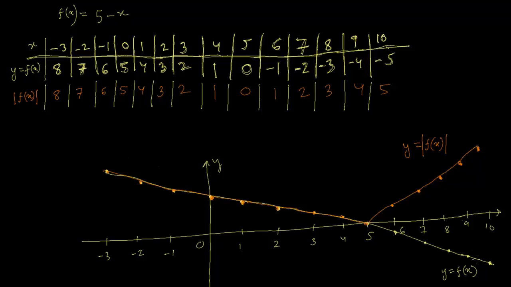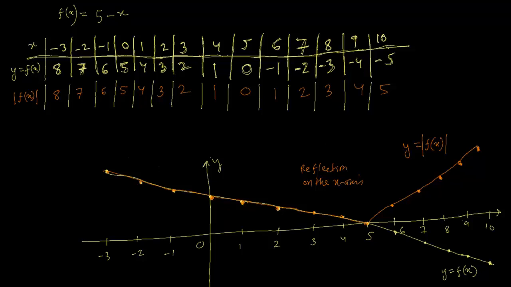So it looks like anything below the x-axis is reflected. So remember, whenever you have a transformation for the absolute value of f(x), there is a reflection on the x-axis. That's what it means graphically.